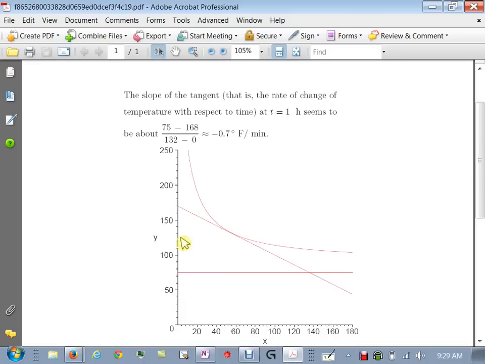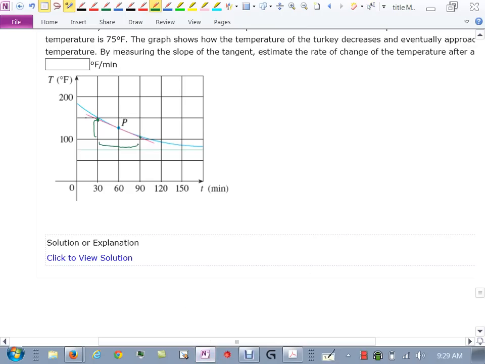Yeah, okay, so they, let's see. See, they're kind of guessing. They come out to negative 0.7 for a slope. Negative 0.7. So if this is 150, then it looks like really close to 150 here. So maybe that's 148.